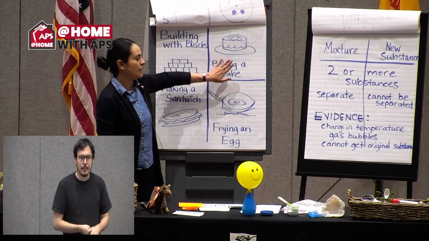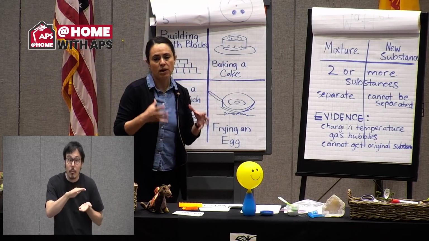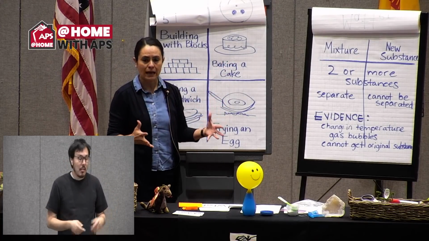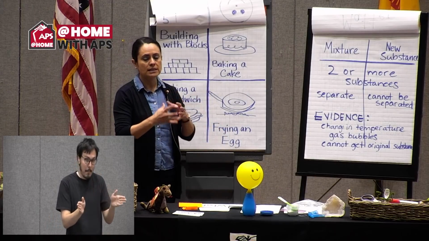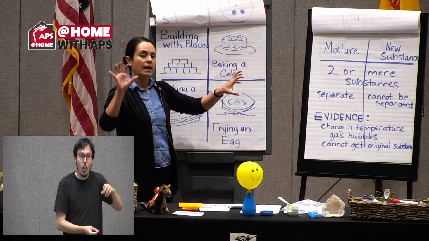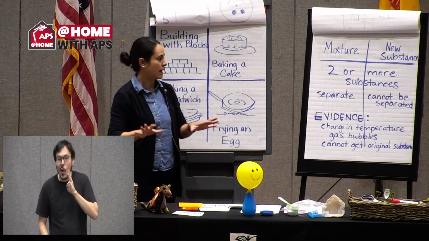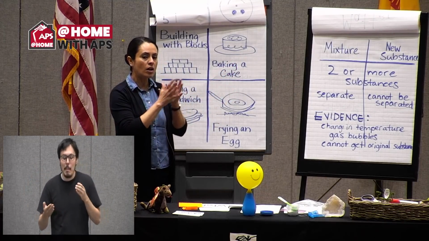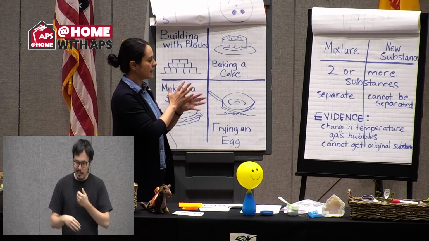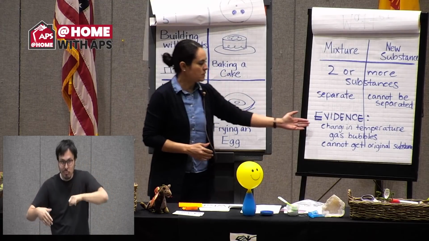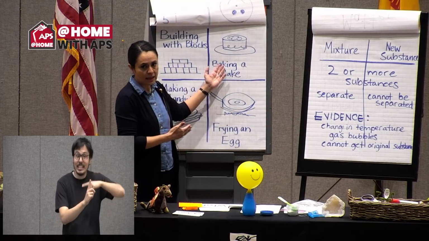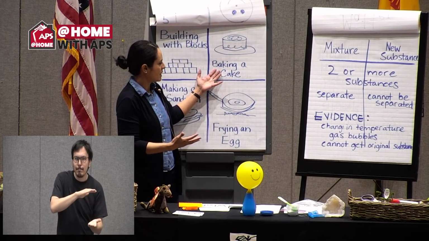When I am baking a cake, whether you get it out of a box from a mix, it looks like a white powder, or maybe you put some ingredients together, you have eggs and flour, water, milk, baking soda, baking powder. When we're taking all of those together, combining that matter, there is going to be a change in temperature when we bake it and put it in the oven.